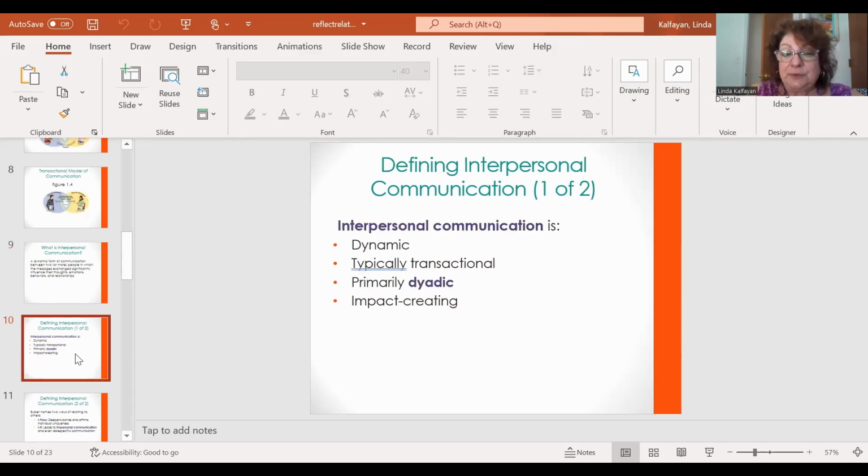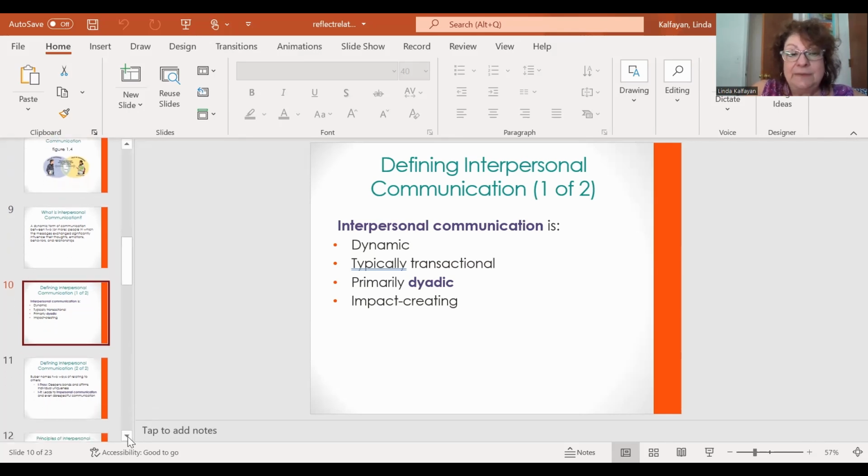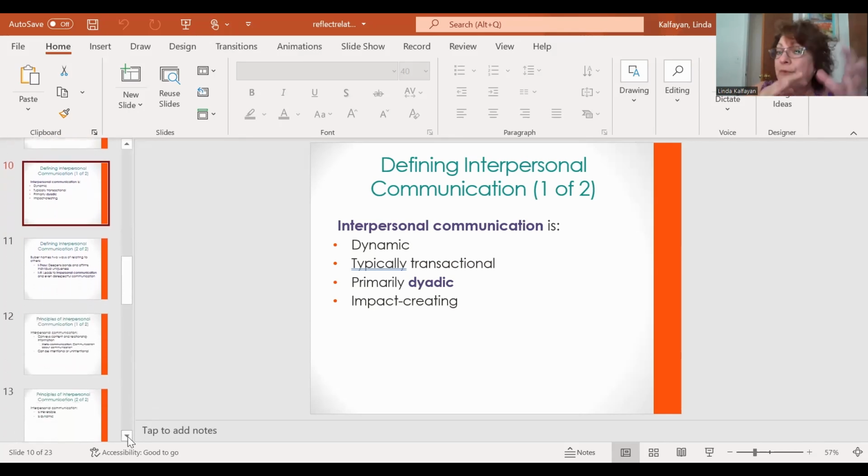So defining interpersonal communication: dynamic, which we investigated; typically transactional, we know things are happening simultaneously; and a new word, diadic, meaning two. Impact creating, because ultimately in an interpersonal communication situation, you want the other person to see your point of view, to do things the way you want them done, rather than to control and to order.